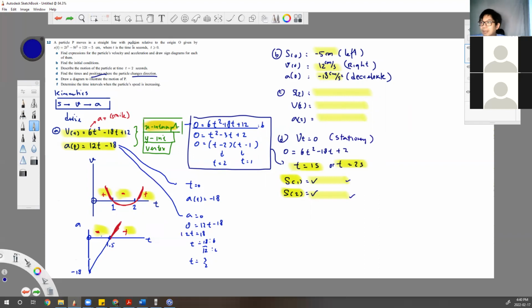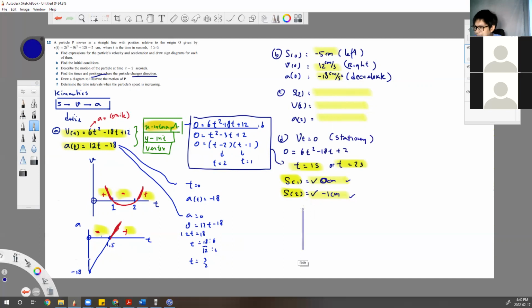Wow, okay, the position at t equals 1 is 0 centimeters. And S2: 2 times 8, since 2 cubed is 8, right? Minus 9 times 4, plus 12 times 2, minus 5, is negative 1. So that's it.